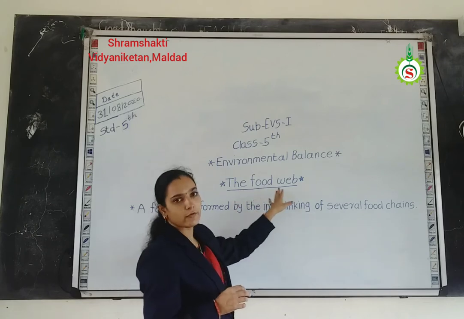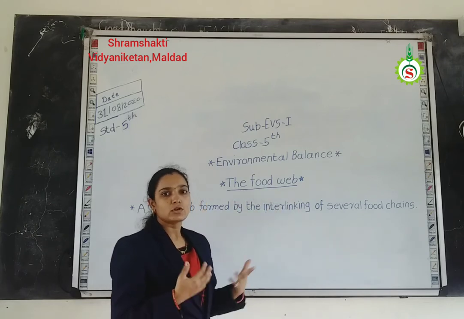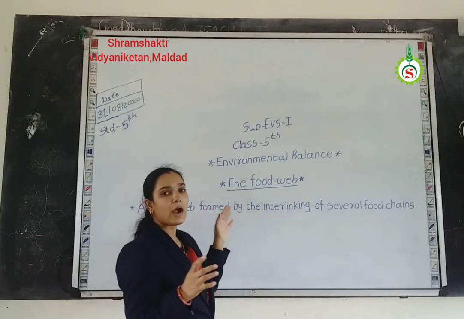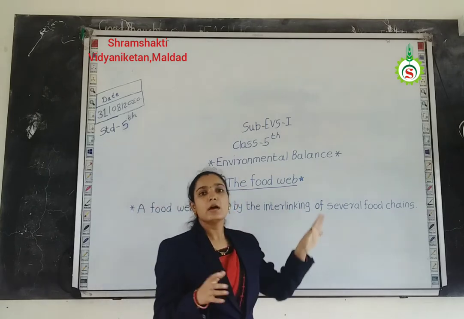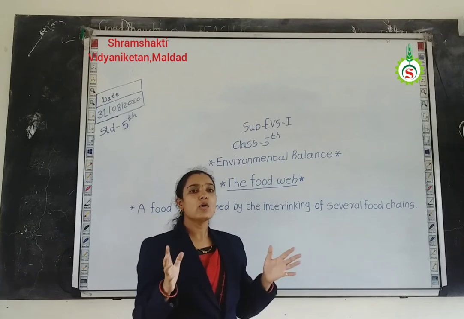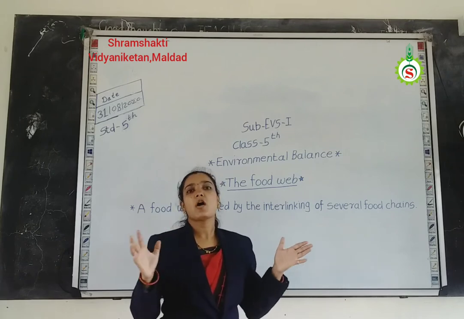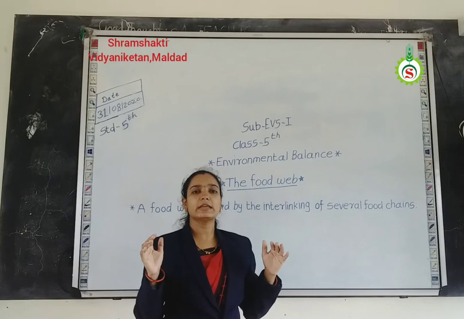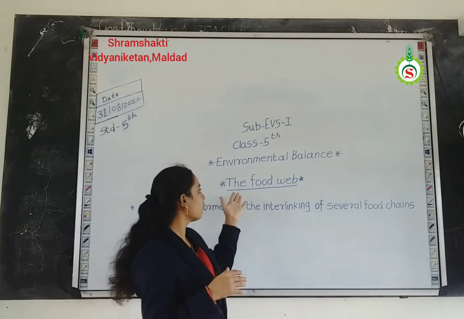The food web. What is meant by food web? So, in this lecture, we have to learn about food web, also some importance of food web, and how all animals or plants or living and non-living things depend on each other for food.